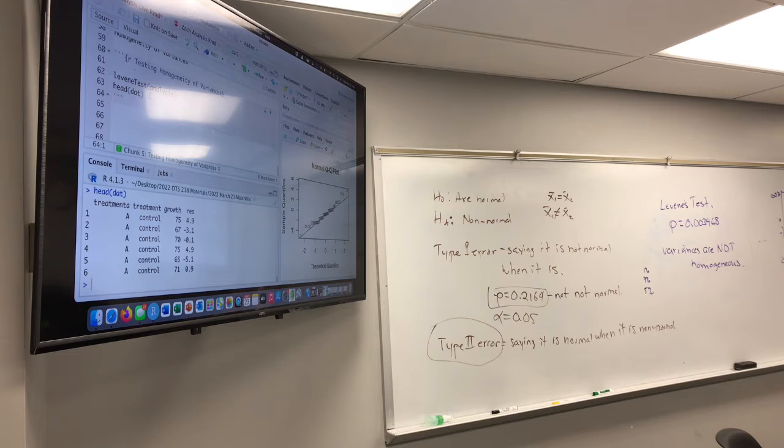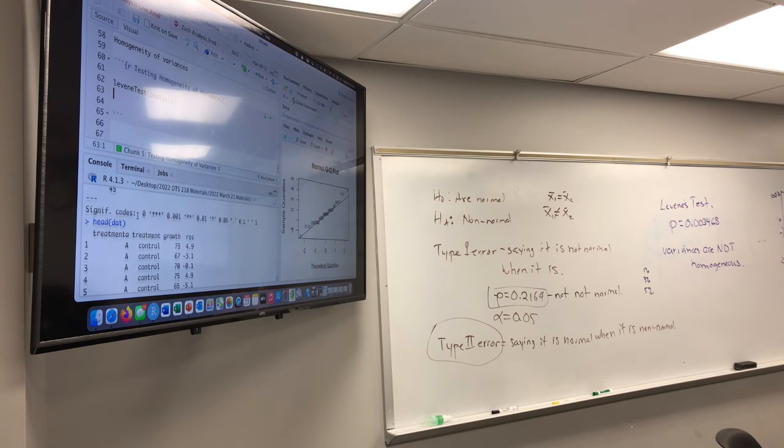Remember when we talked about Levene's test when we were going through the ANOVA, I actually had a column in the data set, I think it was for the tick data, that showed you what the deviations were, and we did an ANOVA on the deviations and demonstrated that that was the case. We could do that also for this data set and actually run an ANOVA on those deviations, and it should give you the same result.